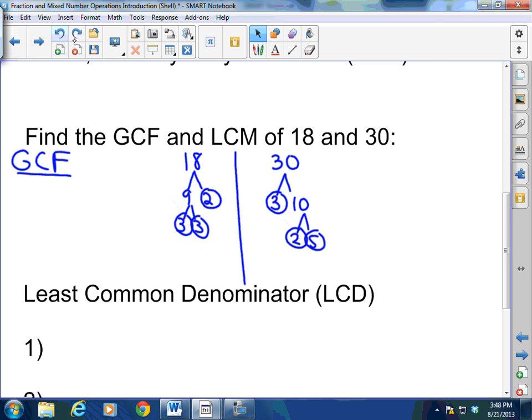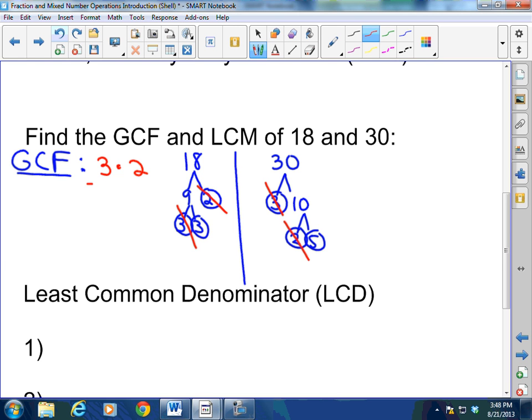You want to find the GCF, and the GCF is the product of all pairs that come out as one value. So I have one 3 on the left, one 3 on the right, so that comes out as a 3, times one 2 on the left, one 2 on the right, so that comes out as a 2. So the GCF is 6. Hope that makes sense.